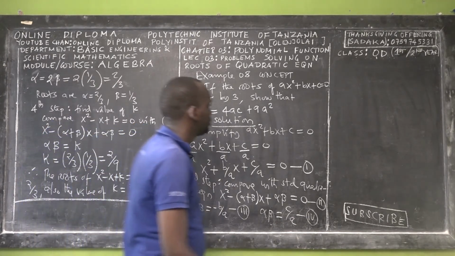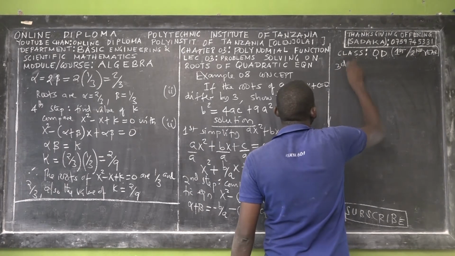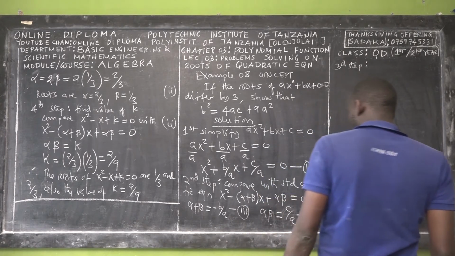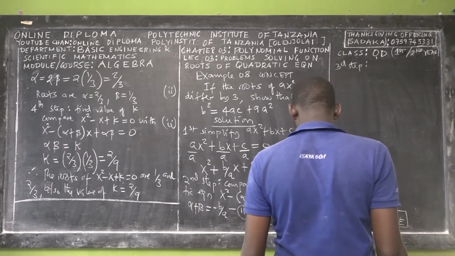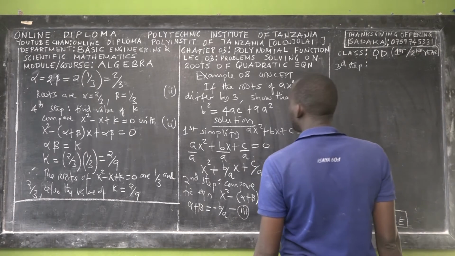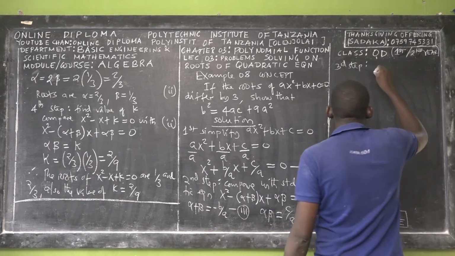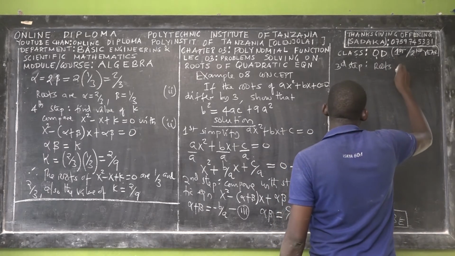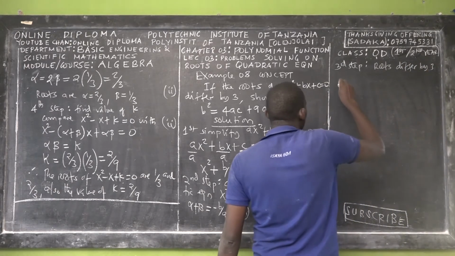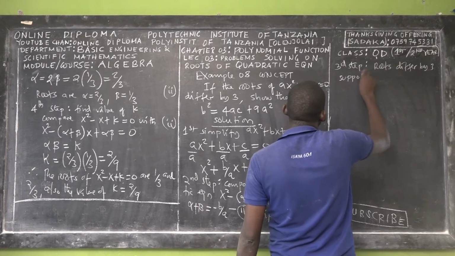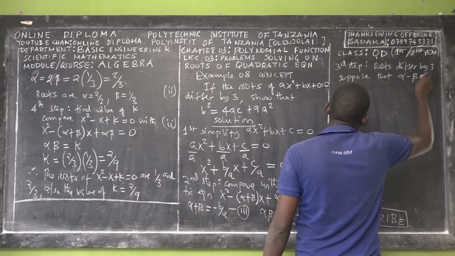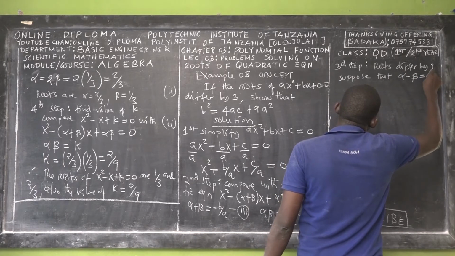Okay. So the third step, we have equation 3 and equation 4. Then we have to define the condition that the roots differ by 3. What does it mean? Suppose that alpha minus beta is equal to 3.